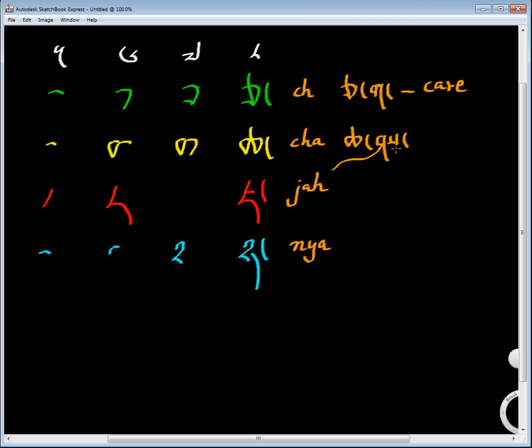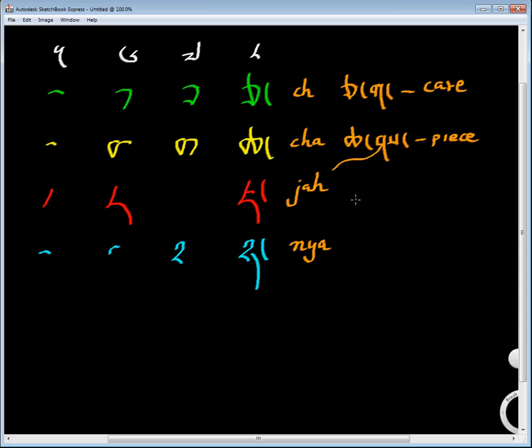Cha, sha, sa, she, chashe. Chashe means a piece or a part. It depends on how you use it. You're not going to say a part of cake. You're going to say, can I get a piece of cake, right? So generally, chashe means a piece or a part.